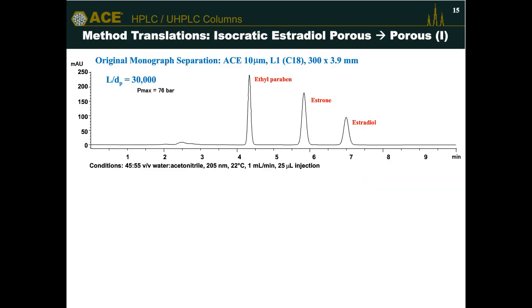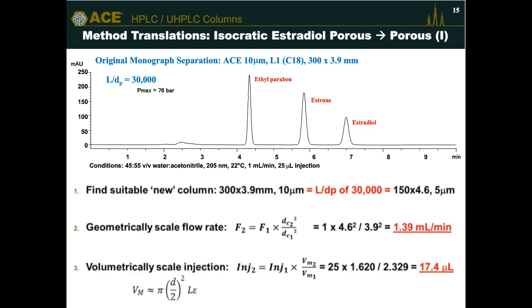So here's an example of quite an old monograph, which states C18 column, 300 by 3.9, 10 micron particle size. And you can see the method takes 8-9 minutes, and it's an isocratic run. We wanted to speed this up, so move to a 15 centimeter, 4.6 millimeter, so more standard ID, 5 micron particle. So the equations here we've seen before. We're scaling the flow rate and the injection volume based on the different columns that we've chosen.